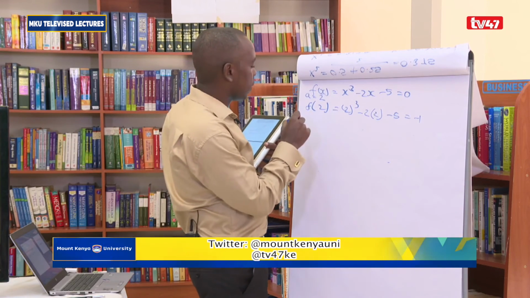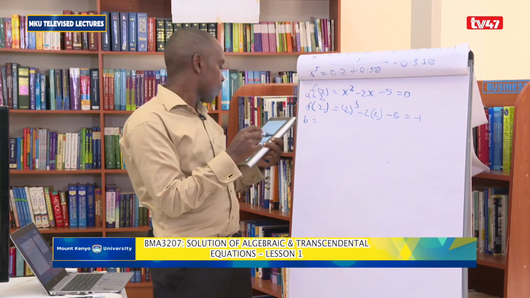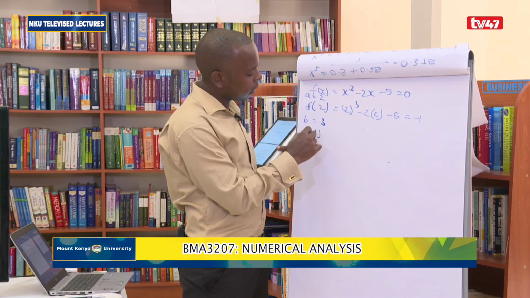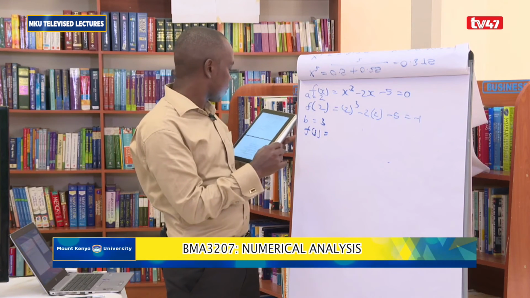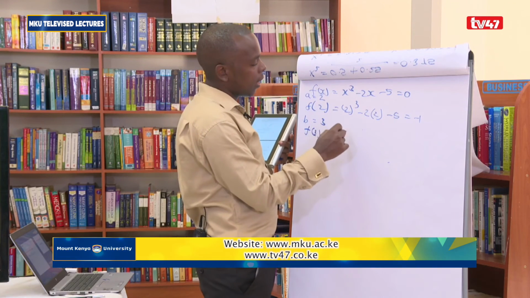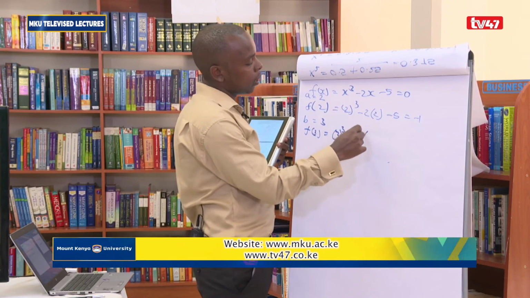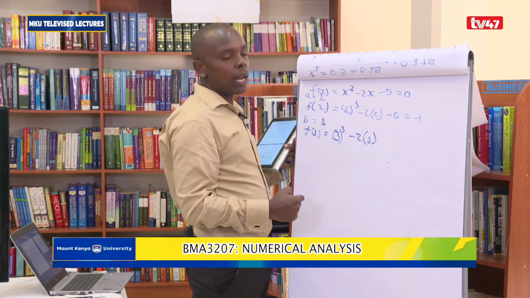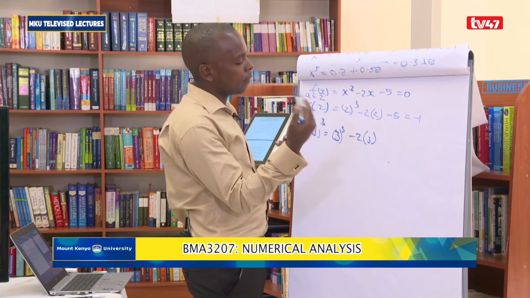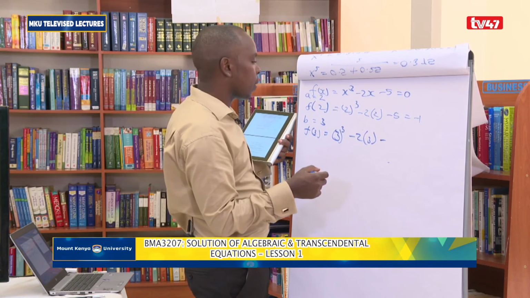So we consider another value b, and in this case, we can consider 3. Then we look for f of 3. So we have 3 cubed minus 2 into 3. We are supposed to plug in the guess values into our function and then find the corresponding value, and then note the sign, because that is what is important.